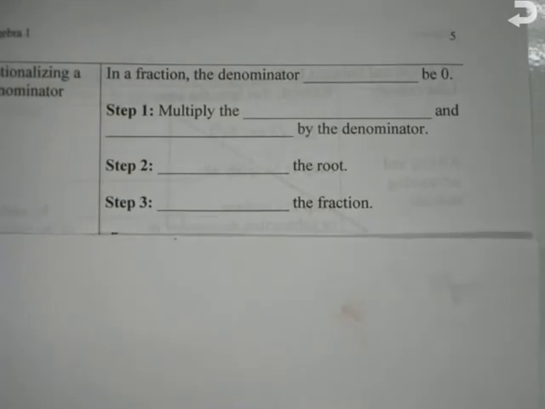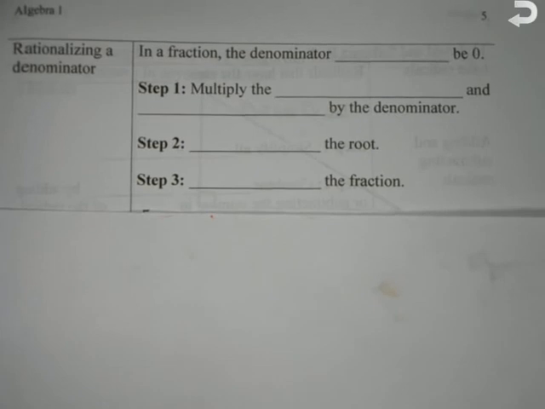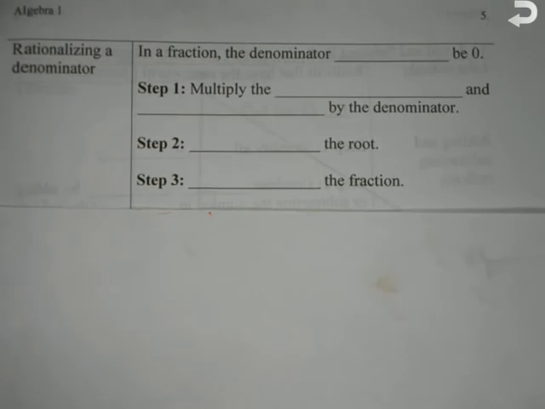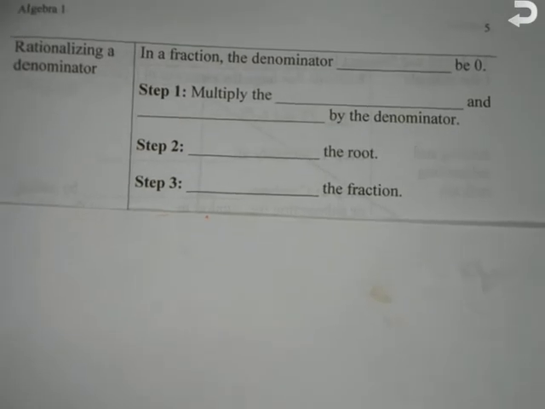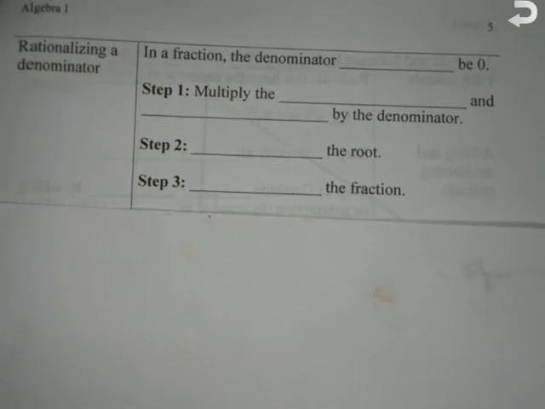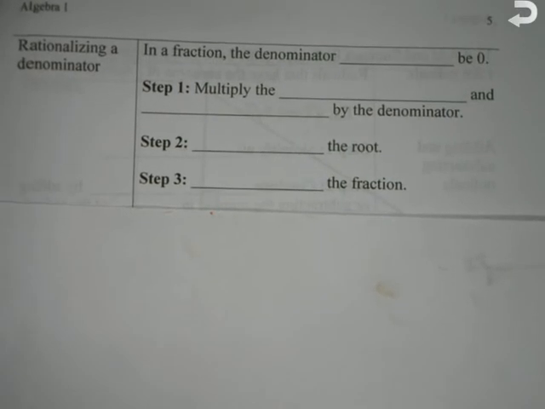So, okay. If you ever get a fraction in the denominator, there are some big no-nos, right? What's one no-no of fractions? No zero in the what? Denominator.